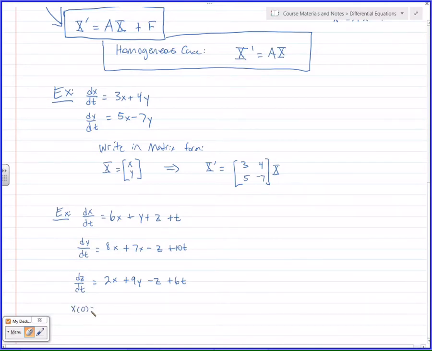Is it supposed to say 8x equals 7x? That's a y. Oh, okay. Where x of 0 is 0, y of 0 is negative 2, and z of 0 is 4.